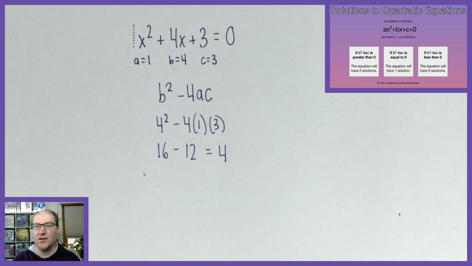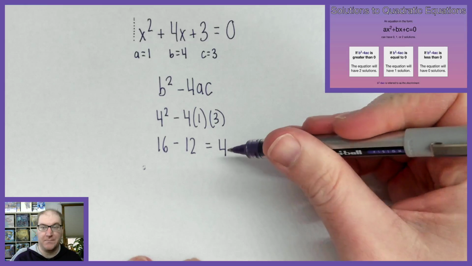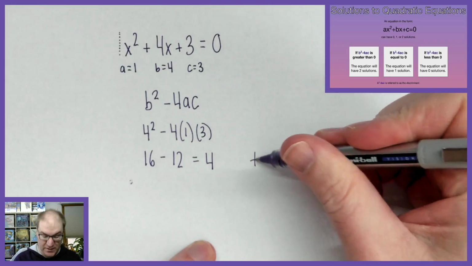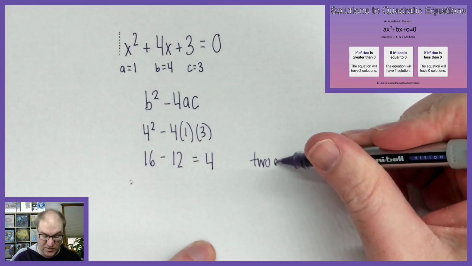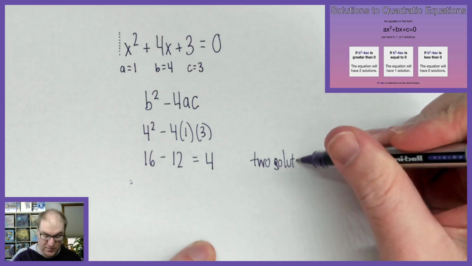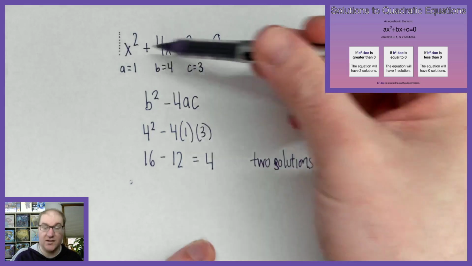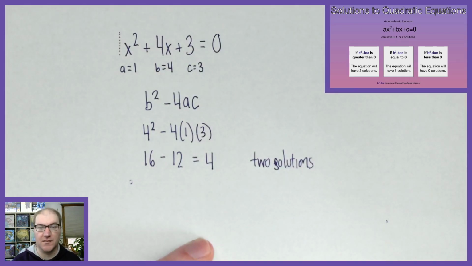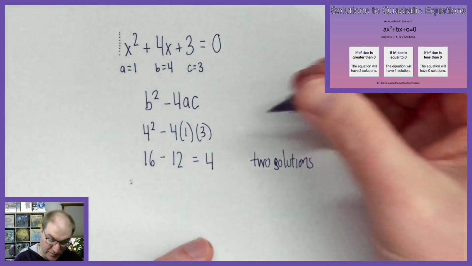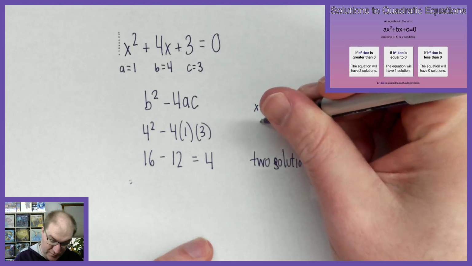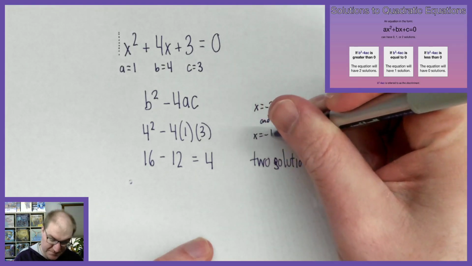If you look on the screen here, it says if your discriminant, if b squared minus 4ac is greater than 0, if this number is bigger than 0, then our equation has 2 solutions. This is bigger than 0, so this equation has 2 solutions. And I'll tell you right now, the solutions are -3 and -1.